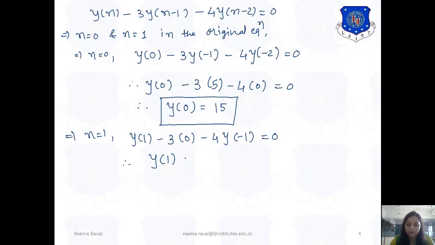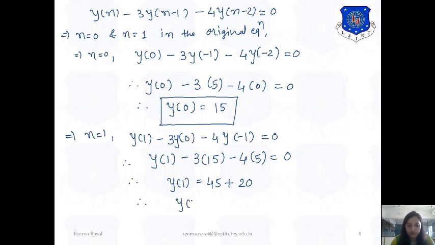So y of 1 minus 3 times y of 0, which is 15, minus 4 times y of minus 1, which is 5, equals 0. This will become y of 1 equals 45, that is 15 3s are 45, plus 5 4s are 20. So y of 1 will be equal to 65. Okay, so these are the values of y of 0 and y of 1.